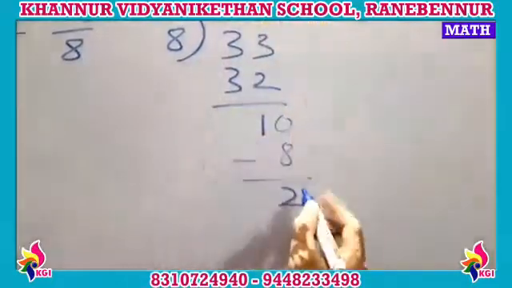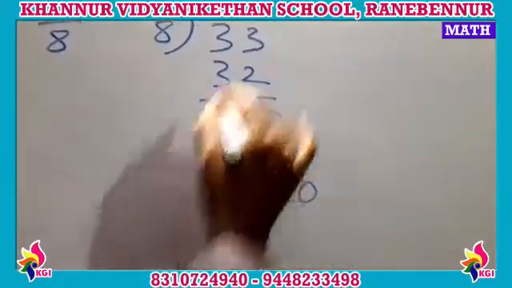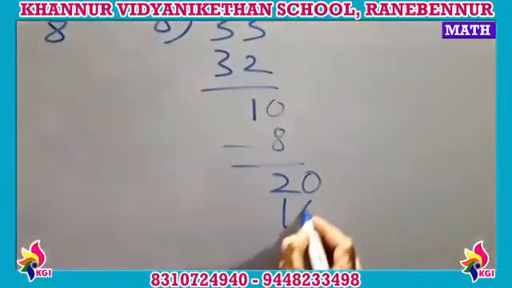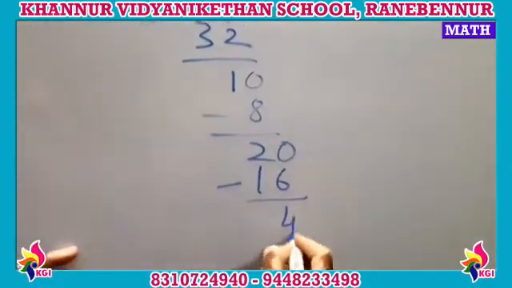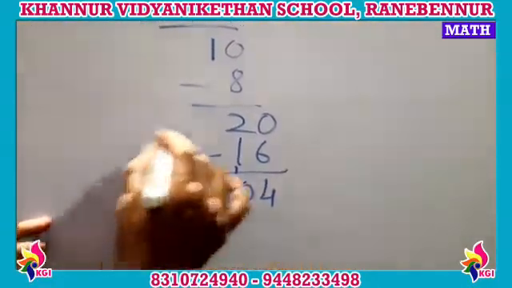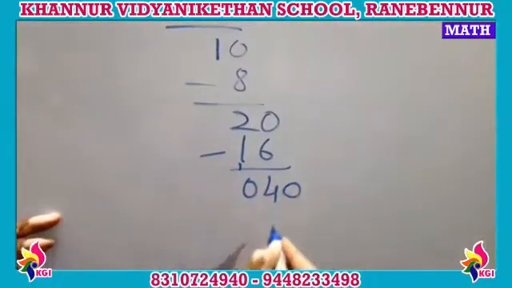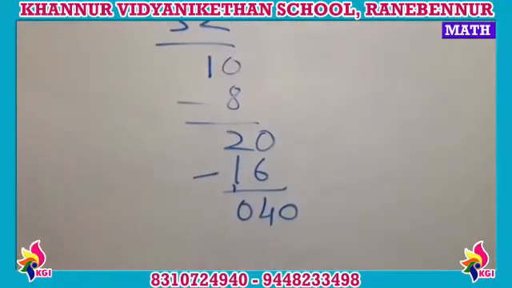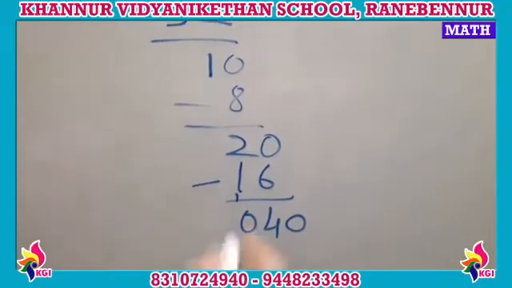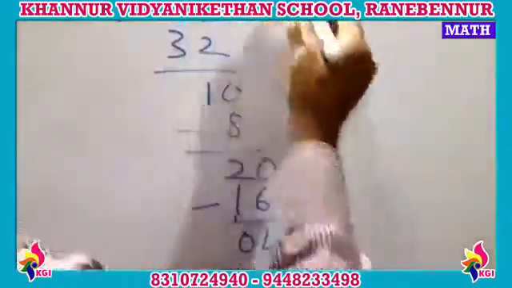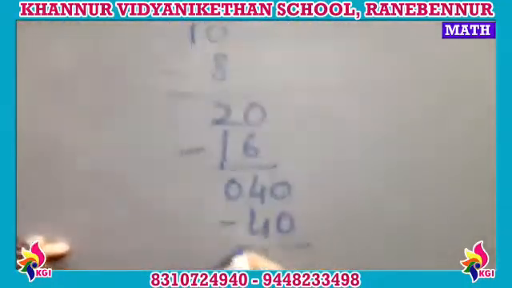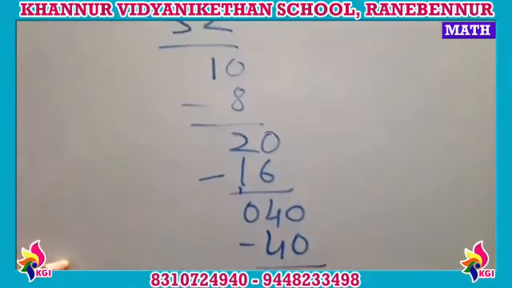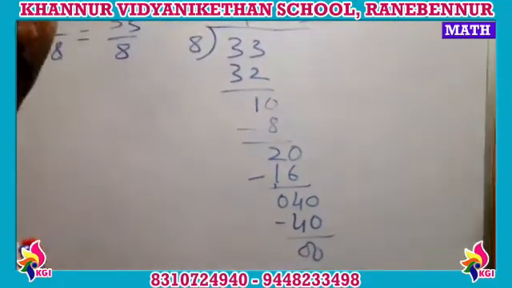I already put a point now, so that I can take a 0. 8 2s are 16. So then next remained with a 4. Then next I already put a point, I can take up a 0. 8 5s are 40. Okay, 8 5s are 40 means I remained with 0 0. Then which kind of decimal expansion is it?